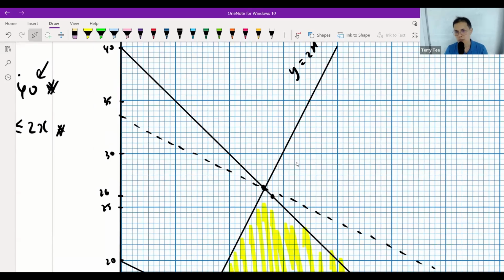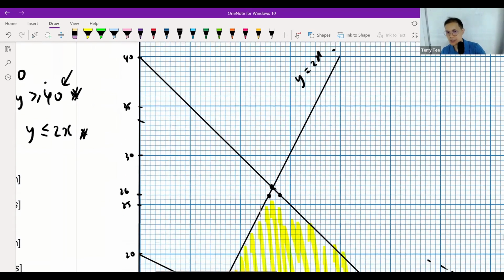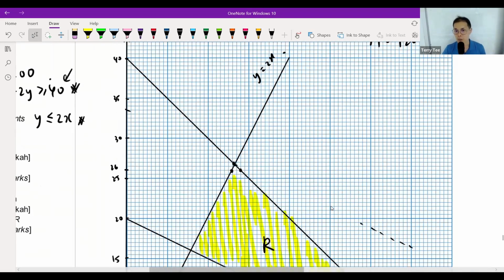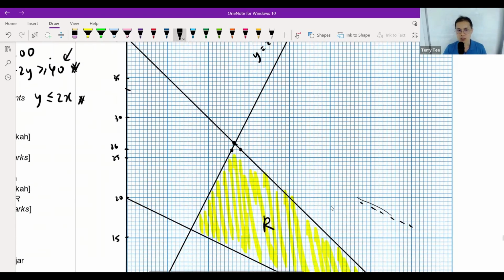If I do 13, 13 cannot, because 13, 26 doesn't give us the largest y-intercept. I need to readjust this a little bit lower, because it shouldn't be at the highest point. Highest point is 26.75, which is not valid. We have to take the closest.